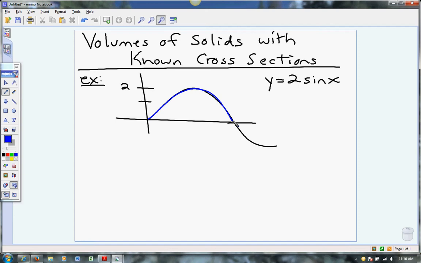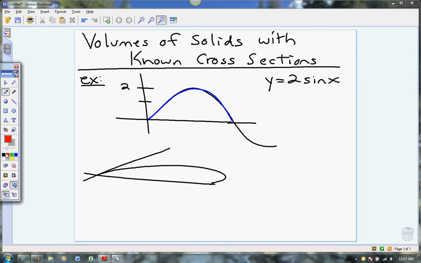to the curve. So I'm going to draw this a little bit better three-dimensionally, and this is on your paper. We've got y equals 2 sine of x looking like this, and then we have these semicircle cross regions reaching up to the curve.